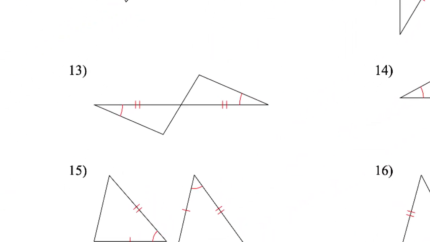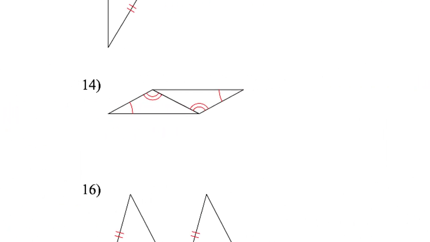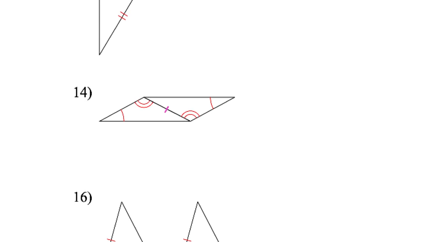Let's see number 13. Again, we can prove by vertical angles that those two angles are congruent. So that means that I have angle, side, angle. And we can prove that those two triangles are congruent. Let's see 14. So 14, again, I know that this side is congruent by reflexive property.